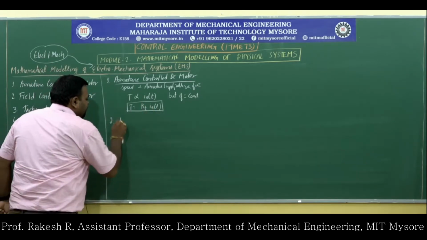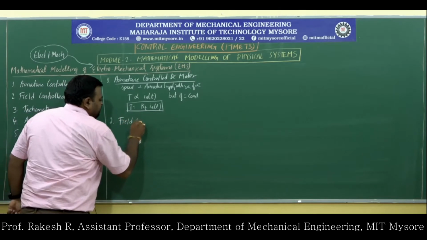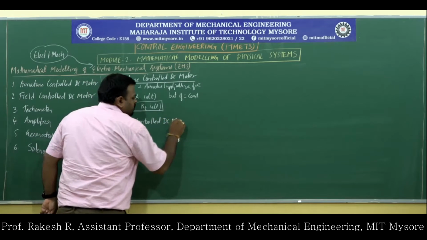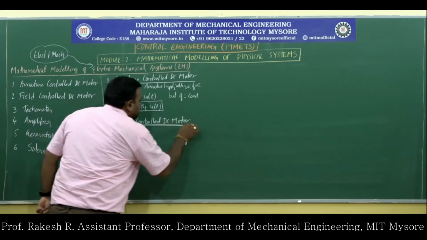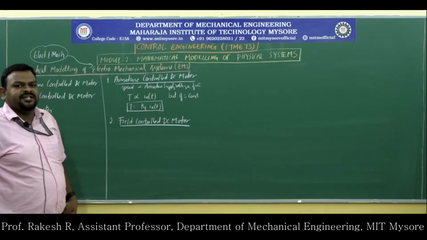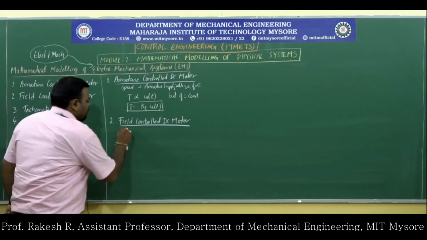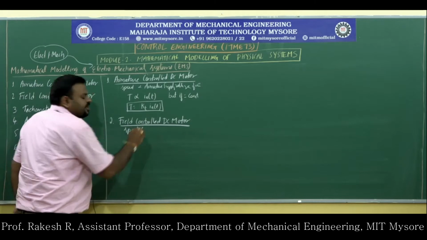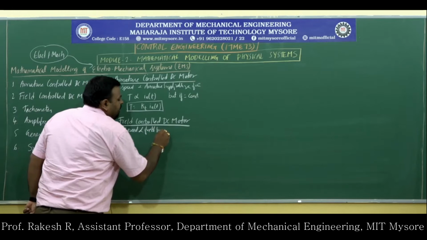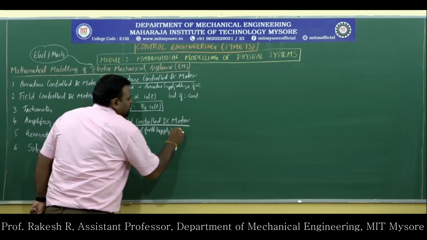Next, the field control DC motor. A field control DC motor is an electromechanical system where the speed of the DC motor is controlled using the field supply voltage while the armature supply voltage remains constant.